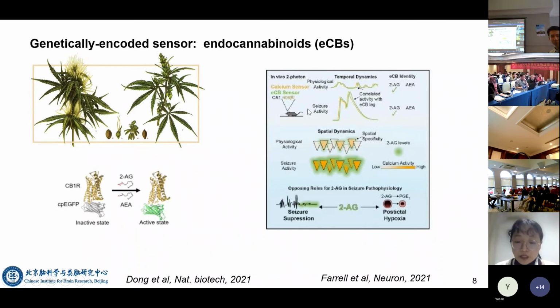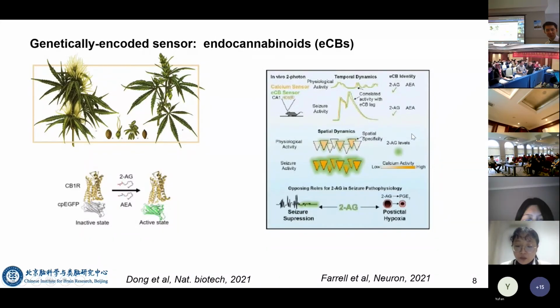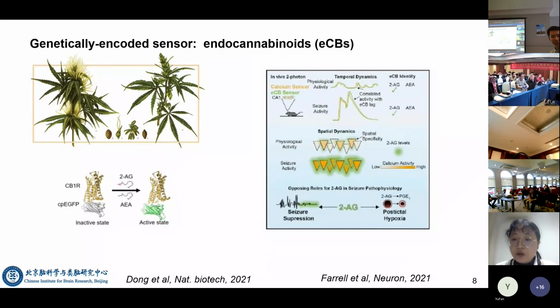In the hippocampus of living animals, they found that seizure, epilepsy, elicits a great release of 2-AG, which provides a substrate for long-term stroke-like symptoms compared with normal physiological activity. So the sensor is not just a sensor; it can help neuroscientists do their research and can help a lot.